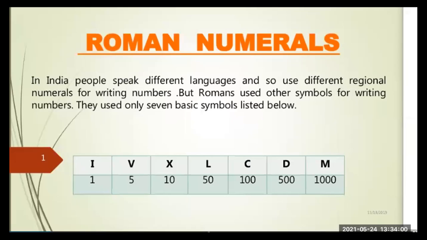So you can see on your screen 1, 5, 10, 50, 100, 500, 1000. We know that we are using these numbers for doing addition, subtraction, all these things. Another numeral system is there, that you can see on your screen.